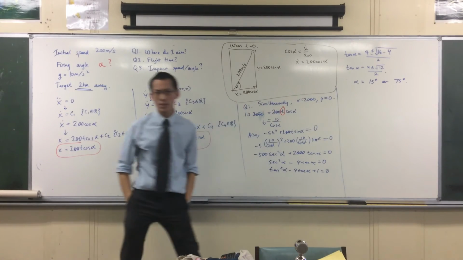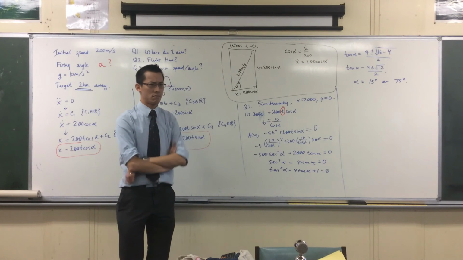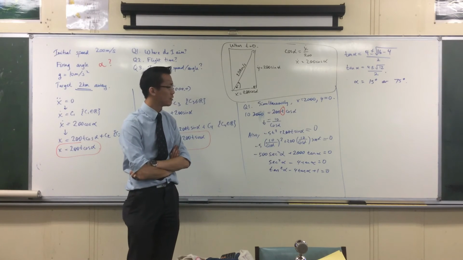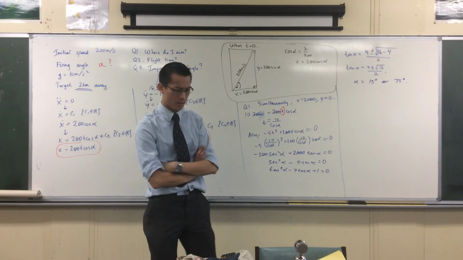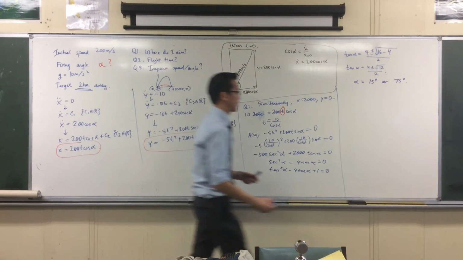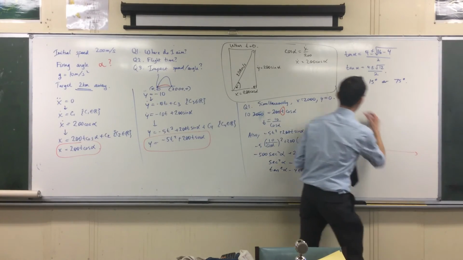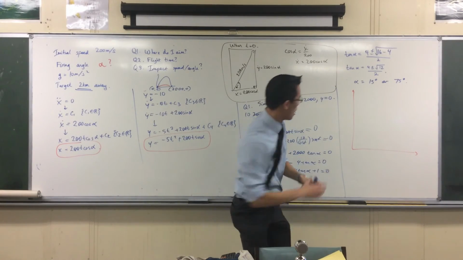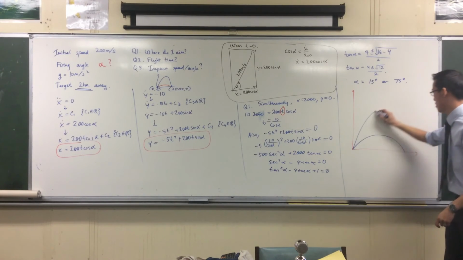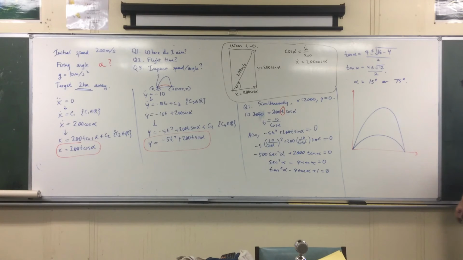Now that's not the only thing. 15 and 75? I'm suspicious. They're complementary. Why is that? If I drew a better diagram like this, and maybe you should do the same, I've got two solutions. Wow, that was lucky. Now, where's my 15 degrees?